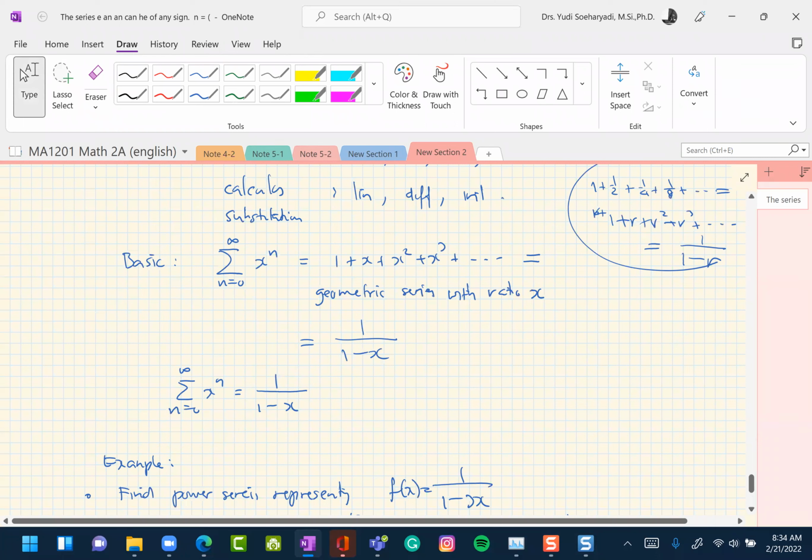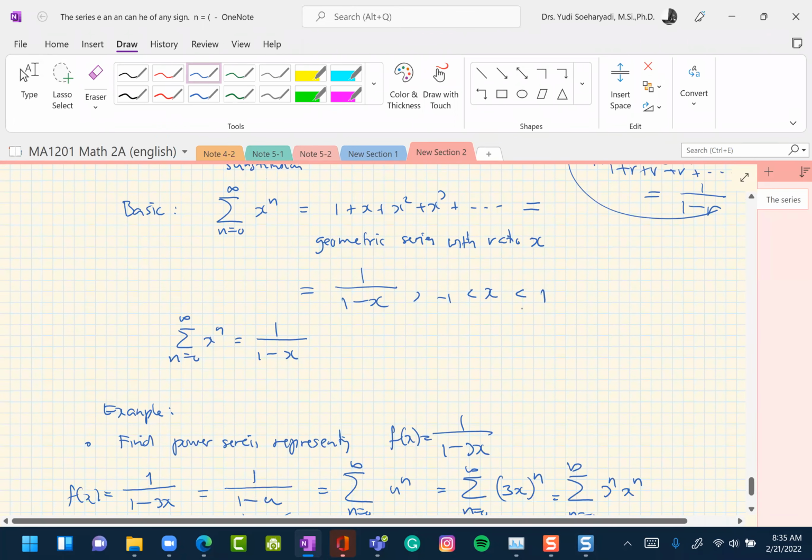From now on, if we mention a series, then we also mention for what values of x this is true. Because this geometric series converges for ratio absolute value less than 1.